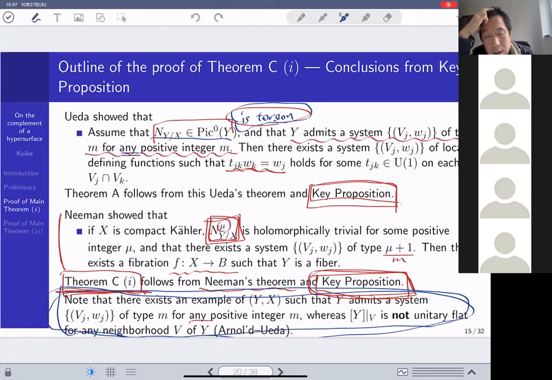But linearization in any order jet, or so-called formal linearization, is not a linearization. This gap seems to be very difficult, but Ueda showed that formal linearization implies linearization when the normal bundle is torsion.